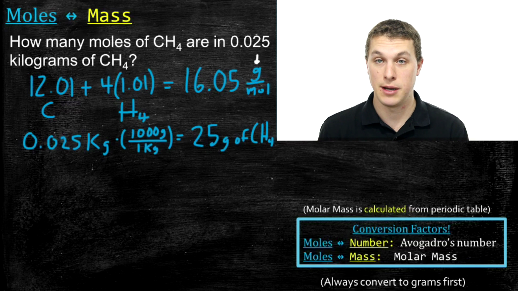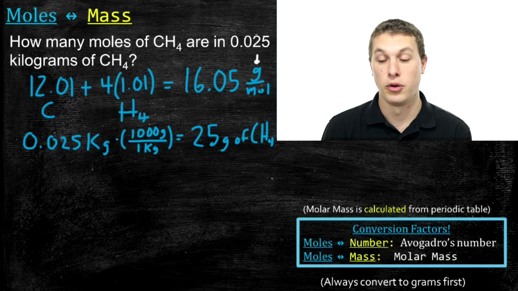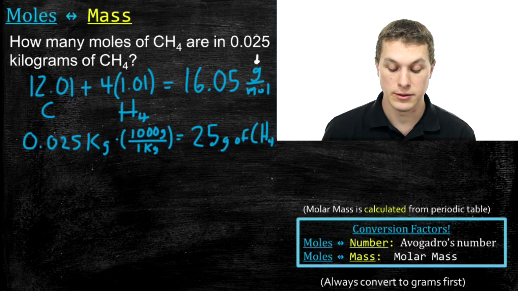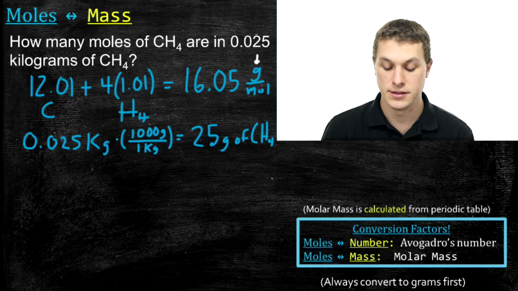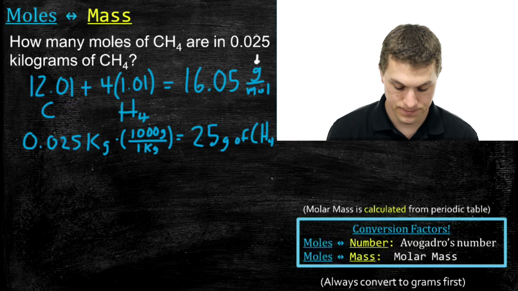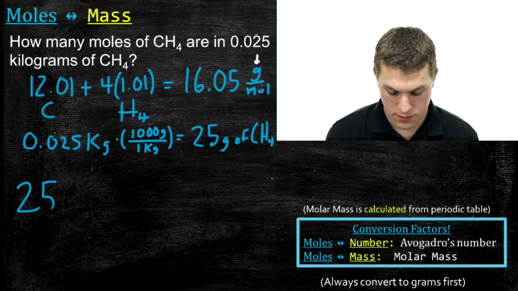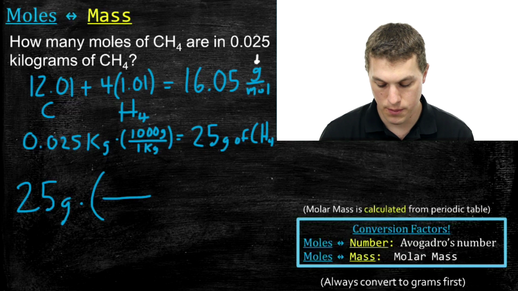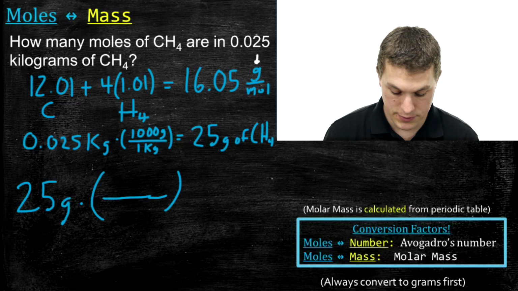So we did 2 things there before we even began our problem. We calculated the molar mass of methane, and we converted our mass of methane from kilograms to grams, because we can only use molar mass if our mass is in grams. All right, and now we're going from our 25 grams to our moles, and we're going to use our molar mass to do that. And we want grams to be on the bottom so it cancels out. And we want our mole to be up top.